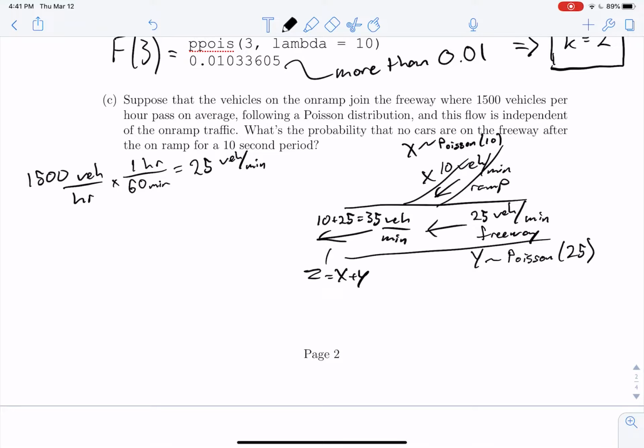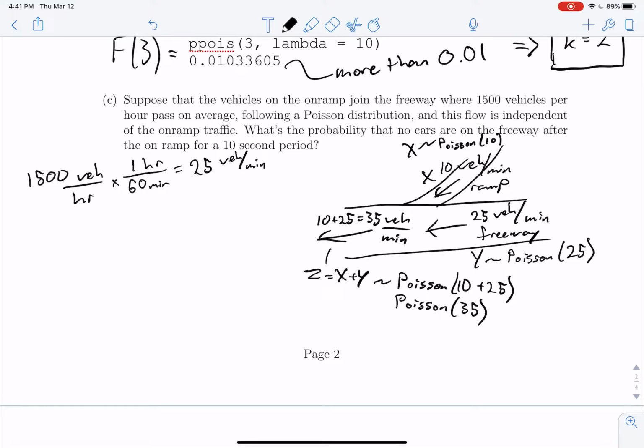The flow after there is distributed as Poisson 10 plus 25 because they're independent. So we need this independence for this property to hold, which is just Poisson 35.